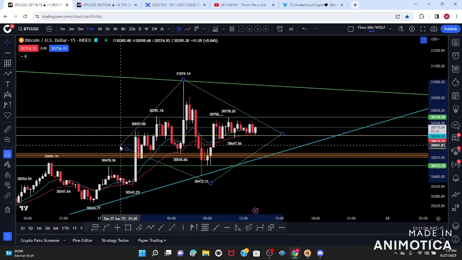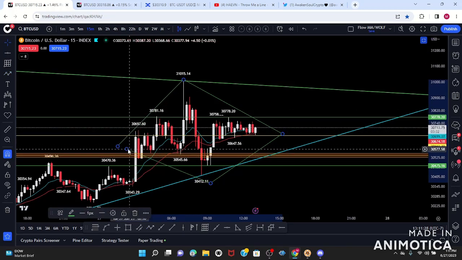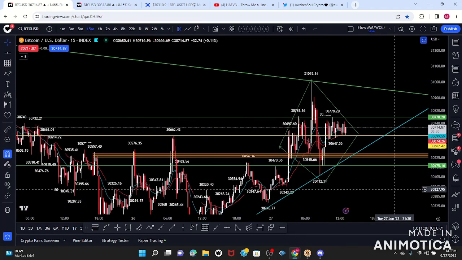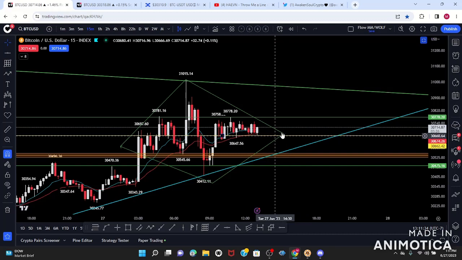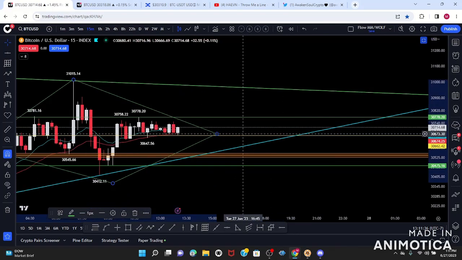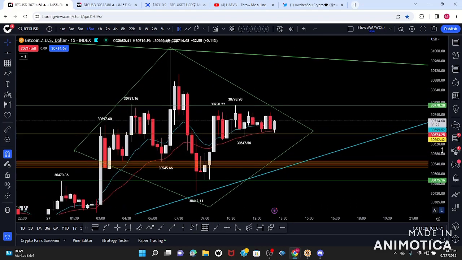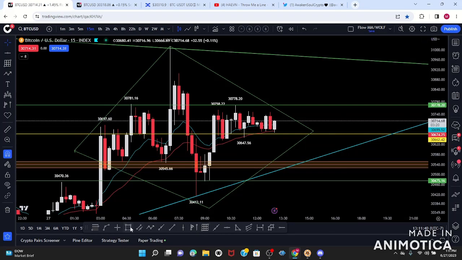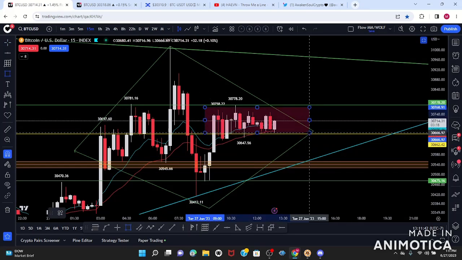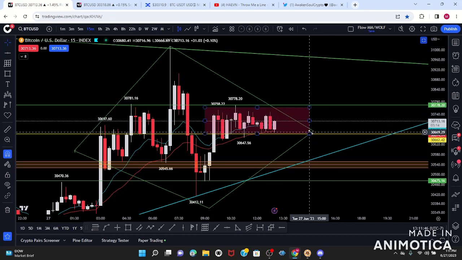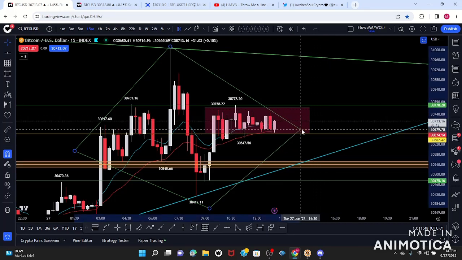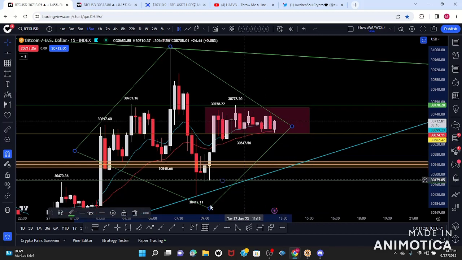This pattern though is a bearish diamond, so you have to understand that, but it could pop up. So with this being said, in the 15-minute, and then look at this beautiful range that we're playing here, right? Beautiful range. So just based on a possible diamond here, beautiful range, and that's what I'm looking for.